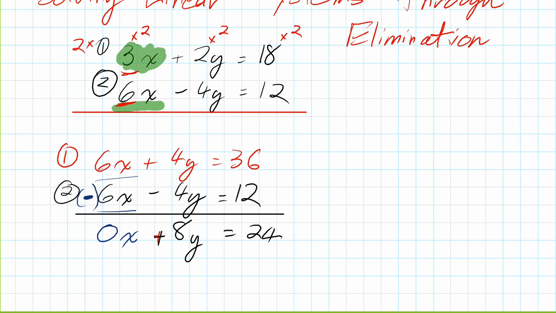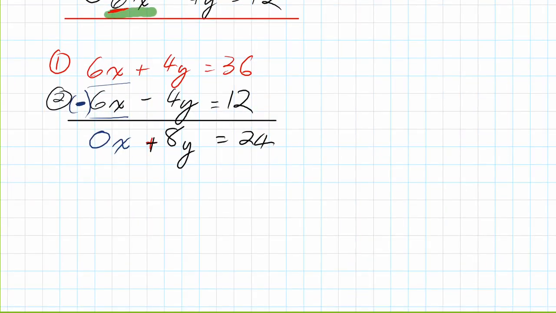At 0x, or 0 times anything, is 0 itself. So we end up with just 8y is equal to 24. Then we have to isolate for y. In order to do so, we divide both sides by 8, and we end up with y is equal to 3.